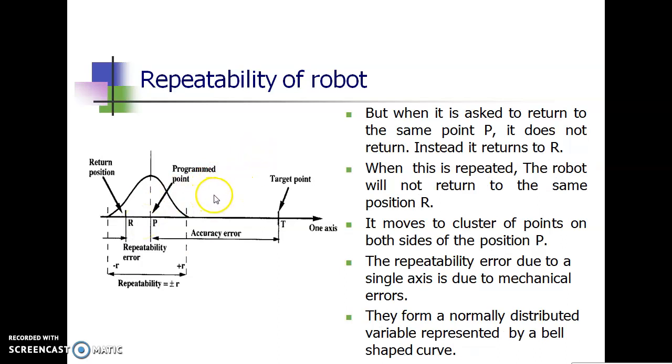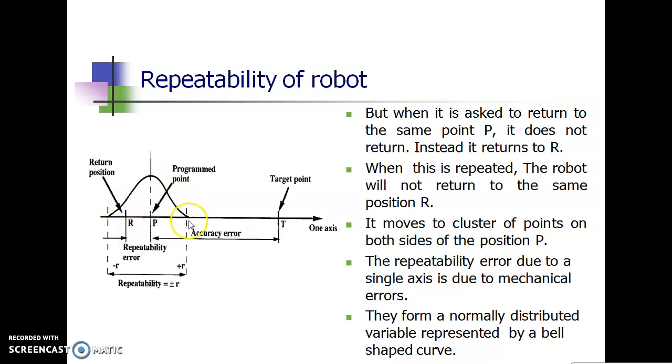But again I asked it to return to the same point P. So, I am saying it for T, but it has to go back to P. But instead of P, it goes to R. Again, if I am asking the robot to go to point T, instead of R, it may go somewhere else. So, there is a cluster of points in between here. The robot may go here, here, here, somewhere in between these 2 points.